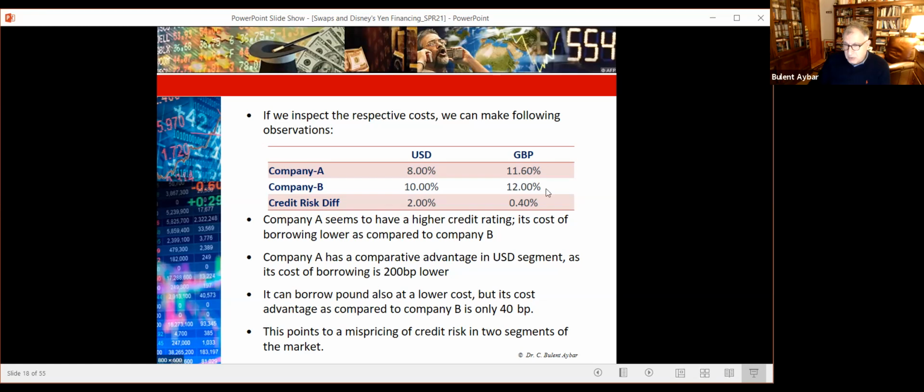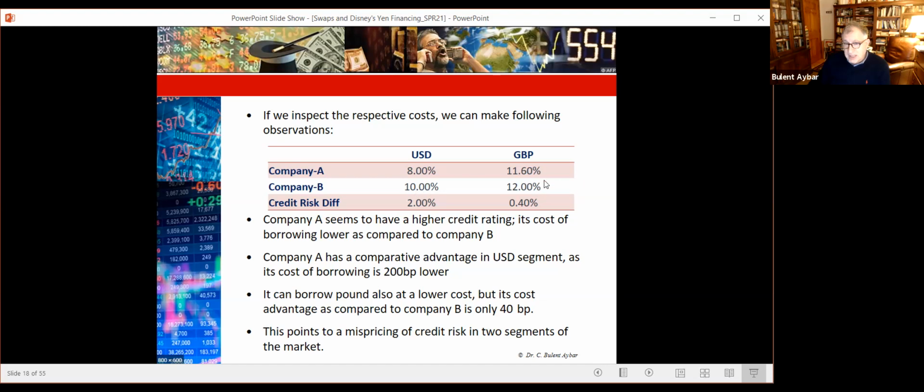Although it is absolutely at a disadvantage in borrowing pounds because of its credit risk, if you look at the relative cost, it is much more favorable as compared to the US dollar segment.